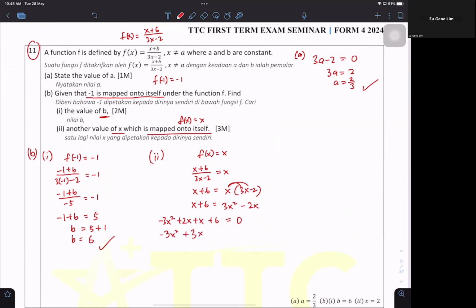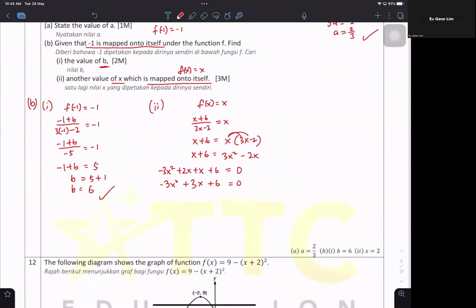Two x plus x is 3x. Then you can make it become positive before you press calculator. Negative become positive, positive become negative, positive become negative. When you change the first one, everything needs to be changed. The first one changes, the second one also changes, the third one also changes. Then you can press calculator, or you can simplify first.